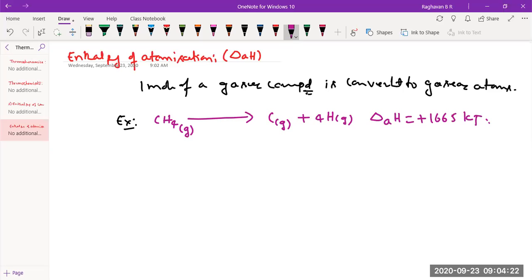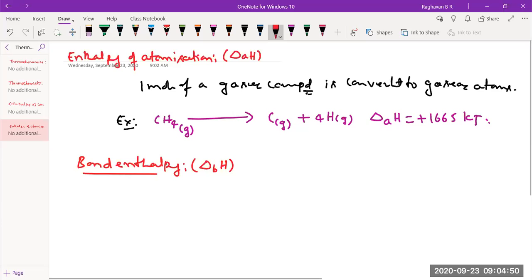There is one similar definition, that is bond enthalpy, delta BH. What is bond enthalpy? Again, you have to break 1 mole of bonds. The enthalpy change that occurs when 1 mole of bonds are broken to form gaseous products is called bond enthalpy.